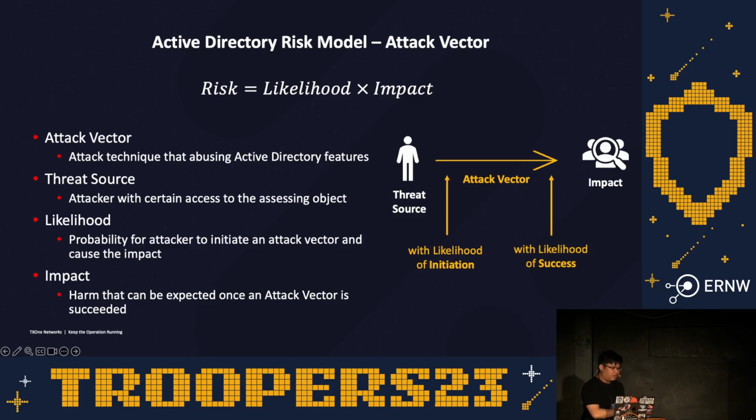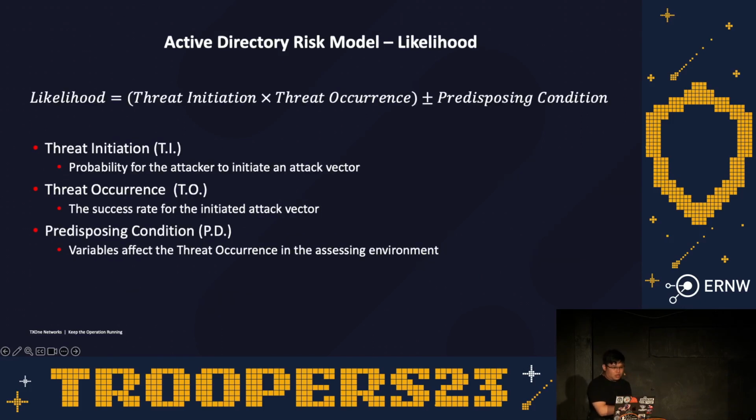Likelihood here is the probability that an attacker can initiate the attack vector and cause the impact. Impact we will define later. So we already know risk is likelihood times impact, and likelihood is threat initiation times threat occurrence, adjusted by the predisposing conditions.